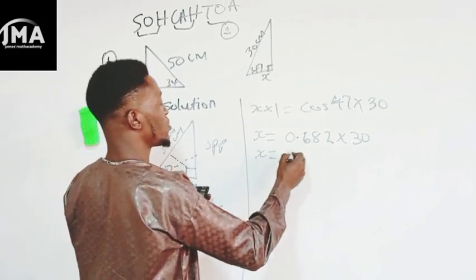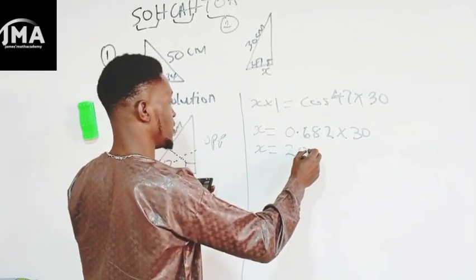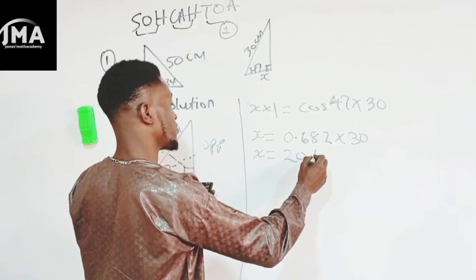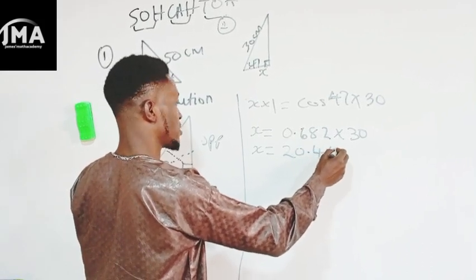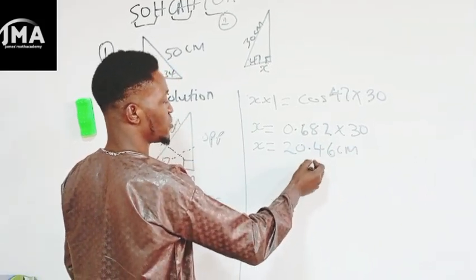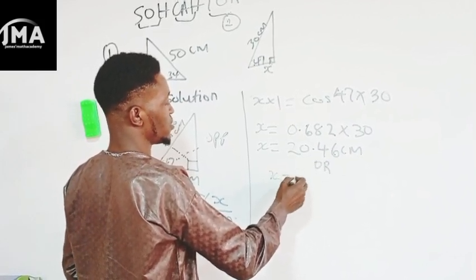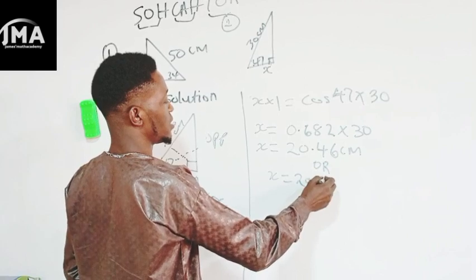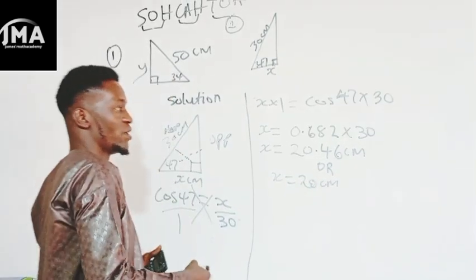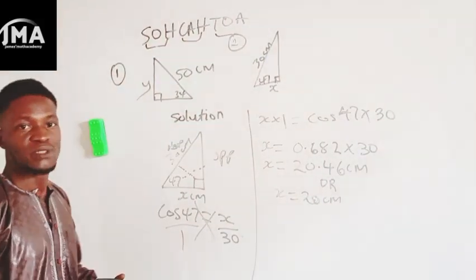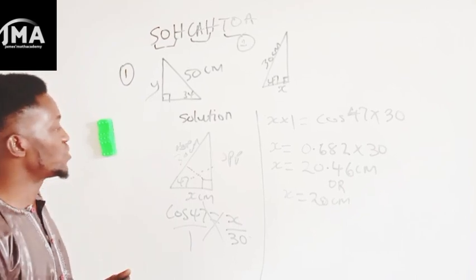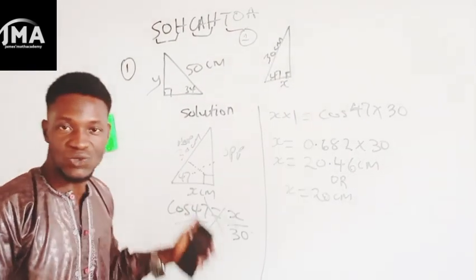We're going to have 20.56 centimeter. You can also approximate it to, let's go to what? 20 centimeter. Okay, so this is an easy step in which you can solve SOHCAHTOA.